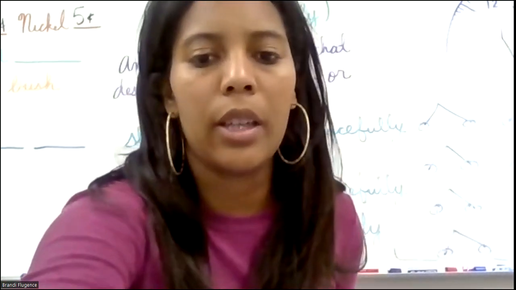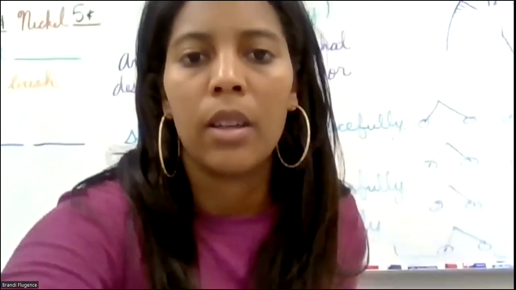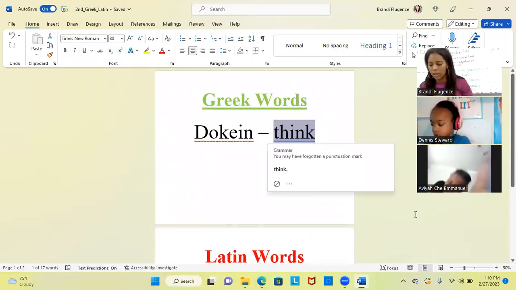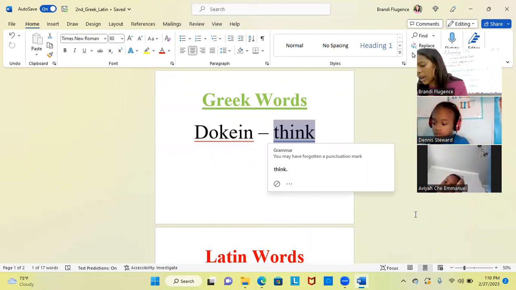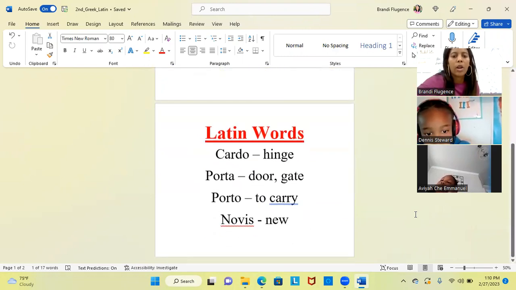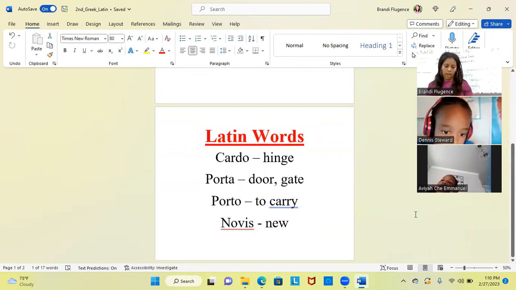All right, let's look at your Greek and Latin for this week. Your Greek word is dokein, D-O-K-E-I-N, dokein, and it means think. And your Latin words: cardo, C-A-R-D-O, cardo, and it means hinge.